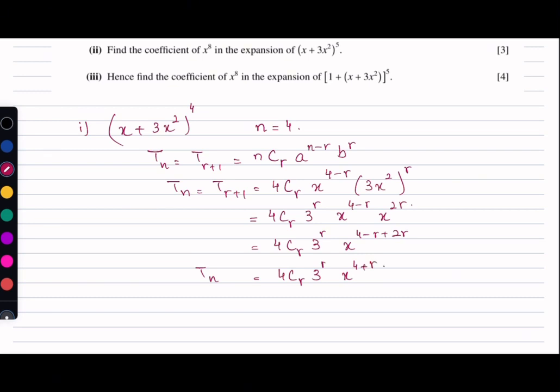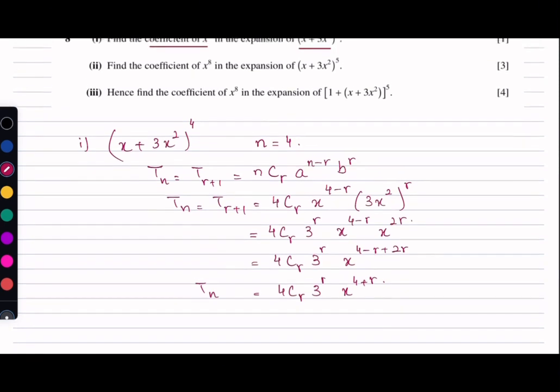So this is the term formula for the expansion of (x + 3x²)^4 when my n value is 4, my a is x, and my b is 3x².